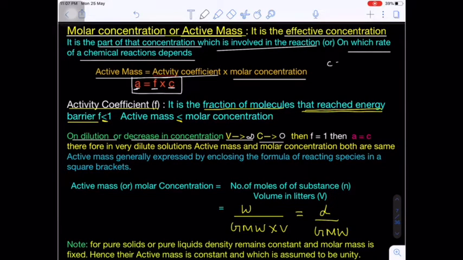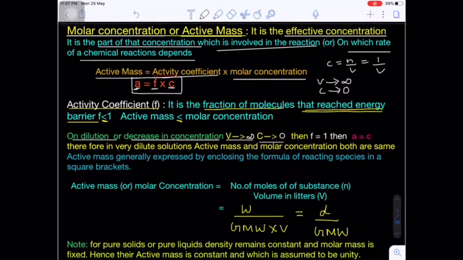Concentration is equal to number of moles upon volume in liters. Let's suppose we have 1 mole of a solute in V liters of the solution. On dilution we are adding a much larger amount of solvent, so the concentration of the solution tends to 0. This is called a very dilute solution.